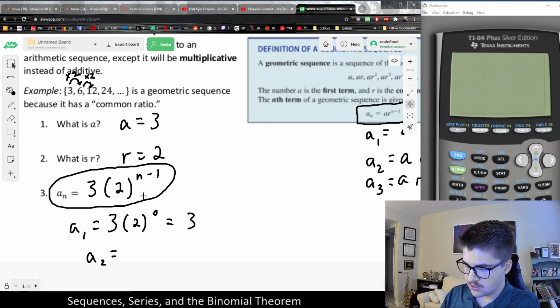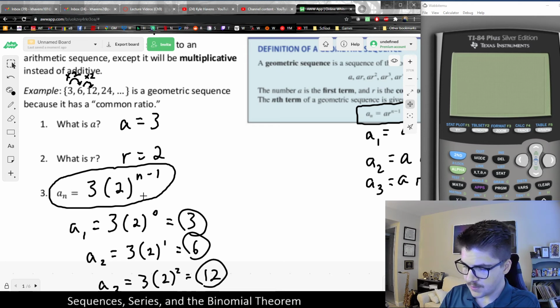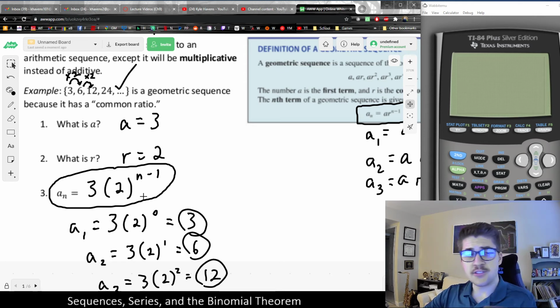Then I could check a2: 3 times 2 to the 2 minus 1 is 1. That's just 3 times 2, which is 6. And a3 is going to be 3 times 2 squared, which is 3 times 4, 12. This pattern is exactly what I had, so we know we're good to go.